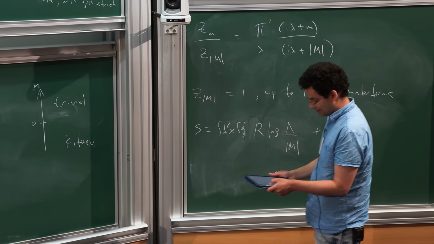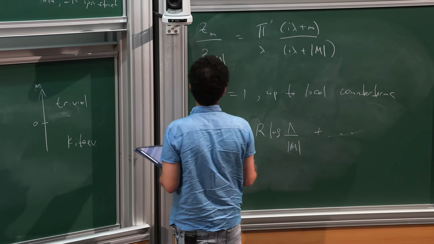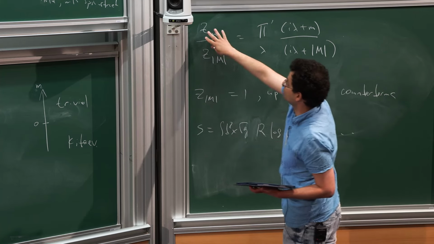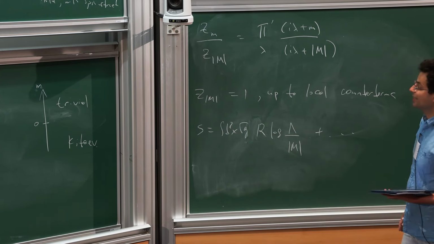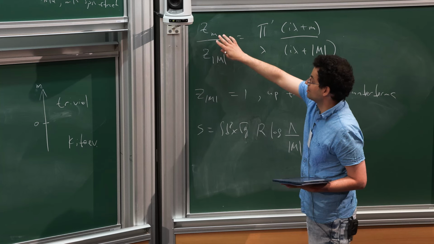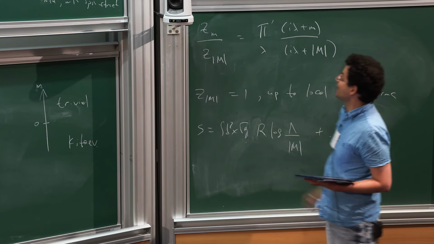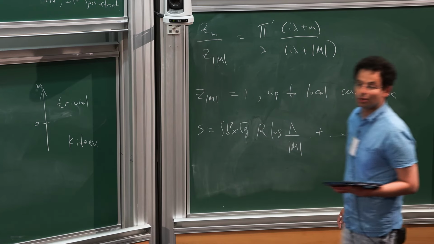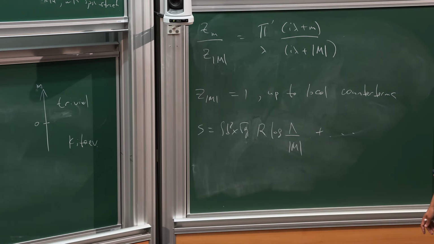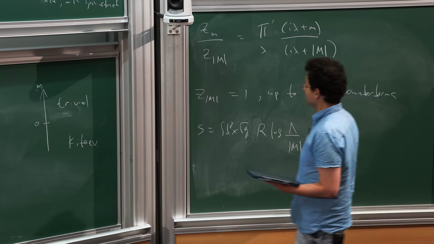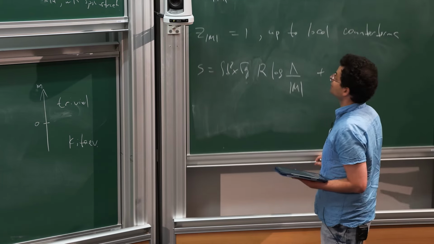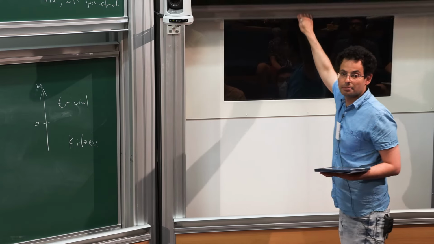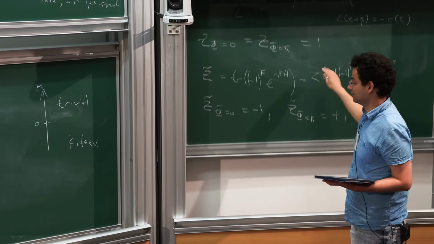So then, effectively, I'm going to think of this ratio as the partition function of the non-trivial Kitaev phase when m is negative, up to local counter terms. And in fact, it will be convenient in the present case to just look at the ratio of the partition function with positive mass to that with negative mass.